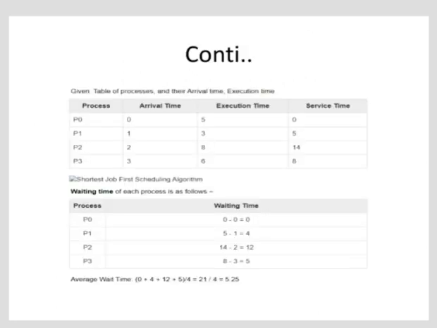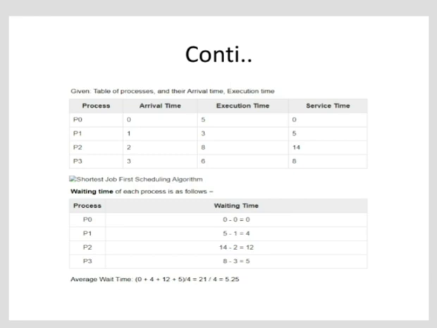So this diagram shows the table of processes and their arrival time and execution time. And the next diagram shows the waiting time of each process, which is calculated here.